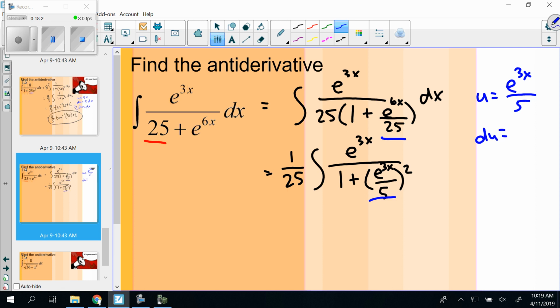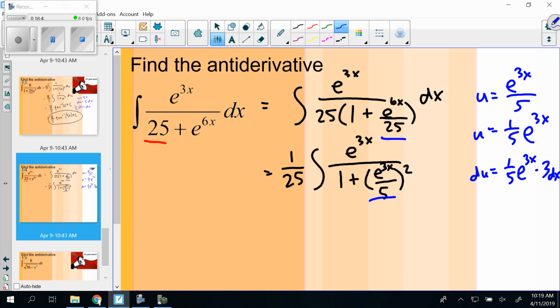To find the derivative of this, we should maybe first think of this a little bit differently. We could also think of this as 1/5 e to the 3x. This derivative does have chain rule here. So the derivative of the outside is the exact same thing when you have an exponential, but we get to take the derivative of the 3x, which is 3.